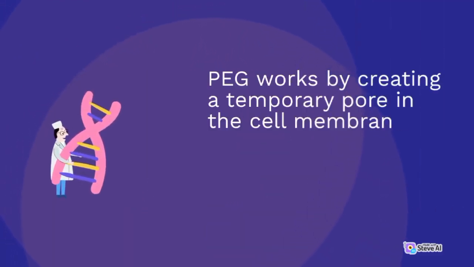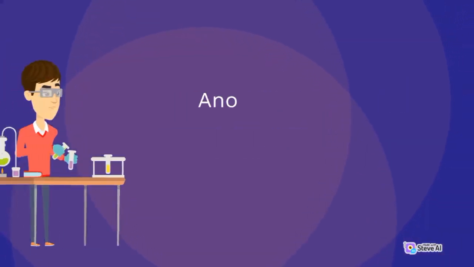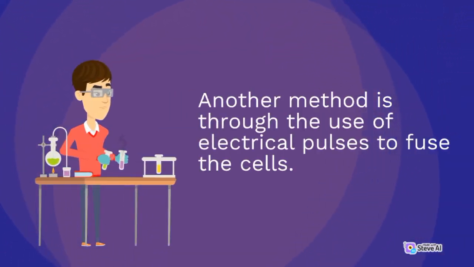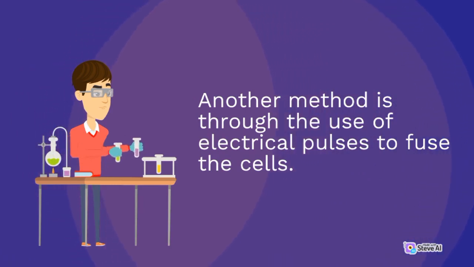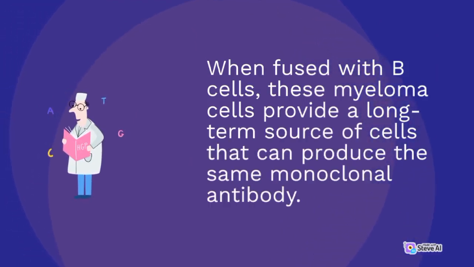PEG works by creating a temporary pore in the cell membrane, allowing the two cells to physically merge together. Another method is through the use of electrical pulses to fuse the cells. When fused with B cells, these myeloma cells provide a long-term source of cells that can produce the same monoclonal antibody.